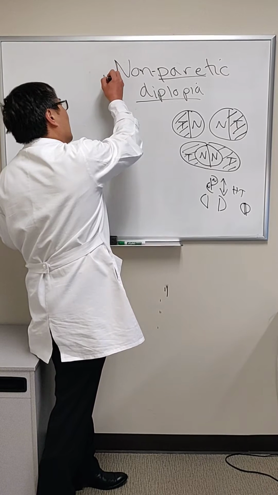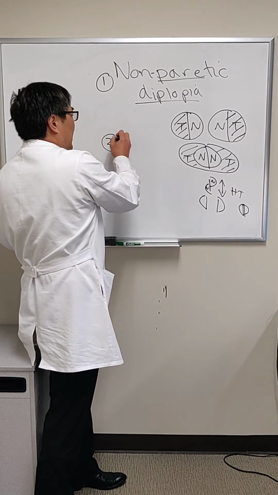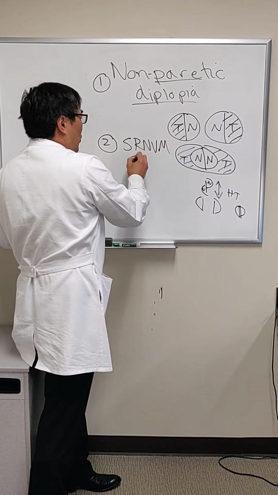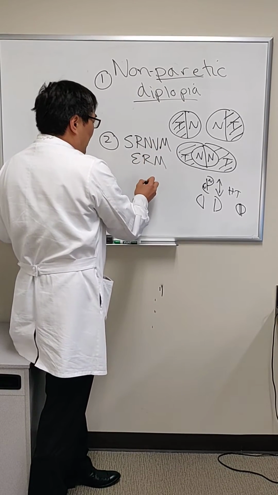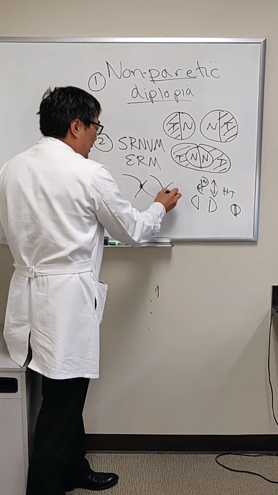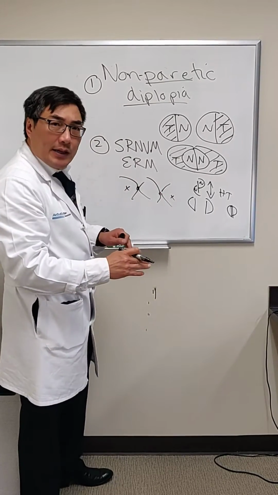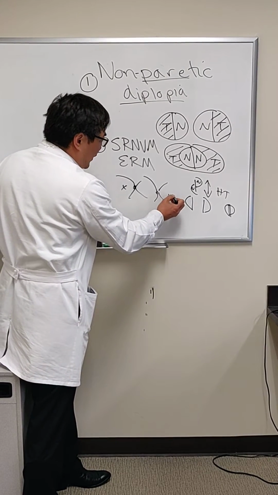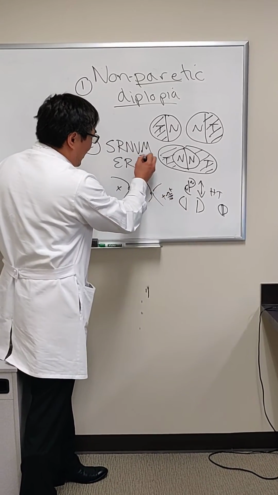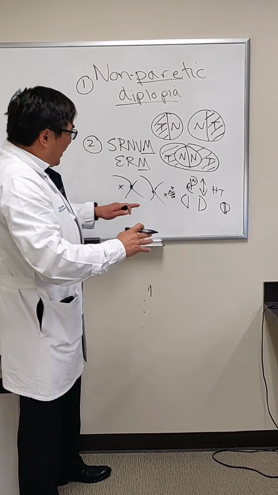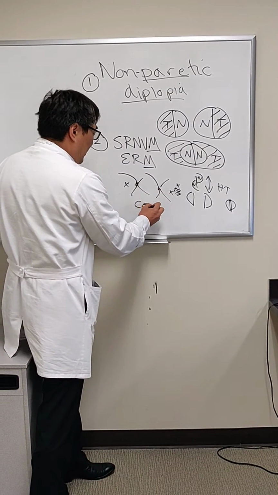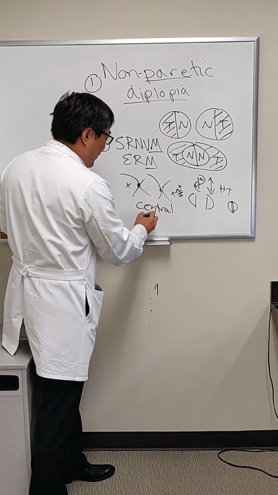The other forms of non-paretic diplopia that you should be thinking about are when you have a subretinal neovascular membrane or an epiretinal membrane. So as you know, in your eye, your fovea is the center part of your vision, and so conditions which move this fovea, like an epiretinal membrane or a subretinal neovascular membrane, then the fovea are not aligned, and so the central vision is not aligned with the peripheral vision.